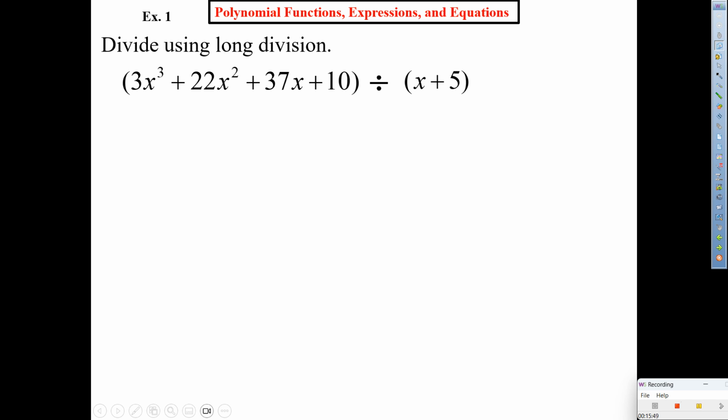We got this. 3x cubed plus 22x squared plus 37x plus 10 divided by x plus 5. All of a sudden it went from elementary to algebra 2. Let's go. Just write it down. Once again, I'm going to go over this process.